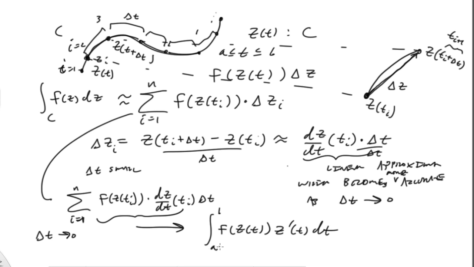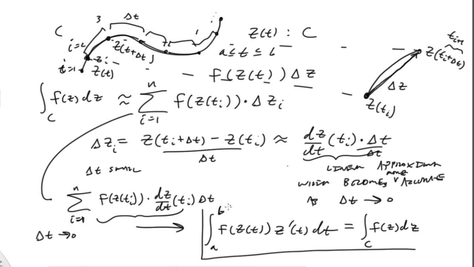Okay. So what we're saying here is this is the constructive version. So this is our constructive formula, an integral from a to b. I'm going to call that the constructive integral.